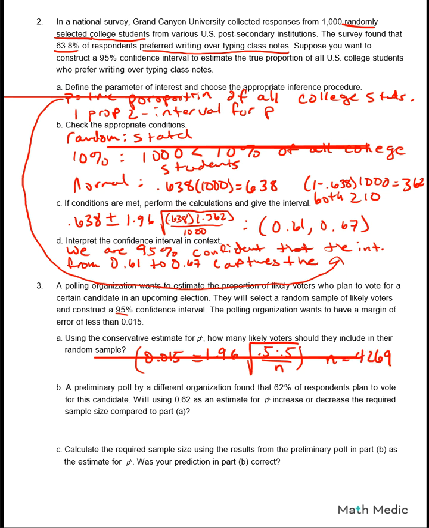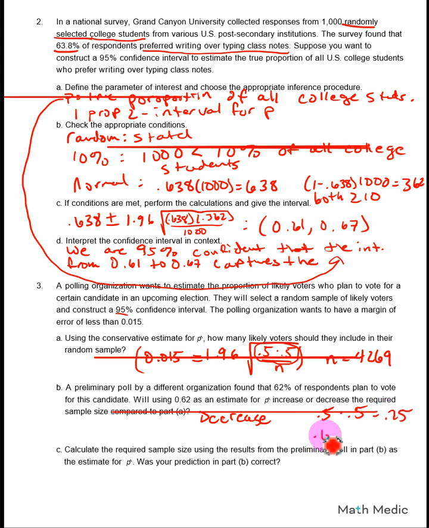Again, sorry about that. A preliminary poll by a different organization found that 0.62 of respondents plan to vote for this candidate. We're using 0.62 as an estimate for p-hat. Does that increase or decrease the sample size compared to part A? When you use 0.5, that's as wide as it can get. So going to 0.62, it will decrease, because that number on top is going to get smaller. 0.5 times 0.5 equals 0.25.